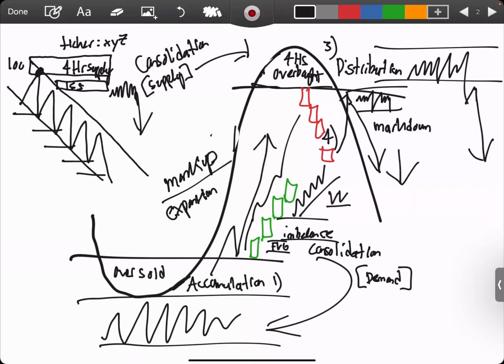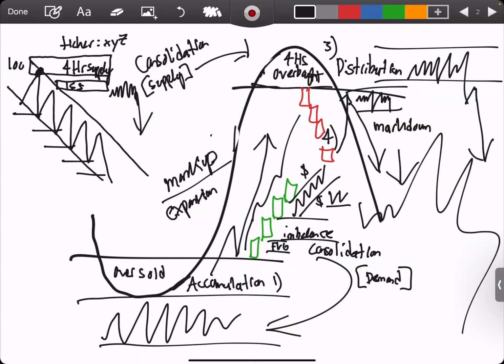They need double bottoms. They need double tops, stops above and below in order to move the market wherever way they want to move it, okay? And the best way to understand where the market is going to go is by doing a top-down analysis, looking at your 4-hour, daily, weekly supply and demand, to see where the trend is going.